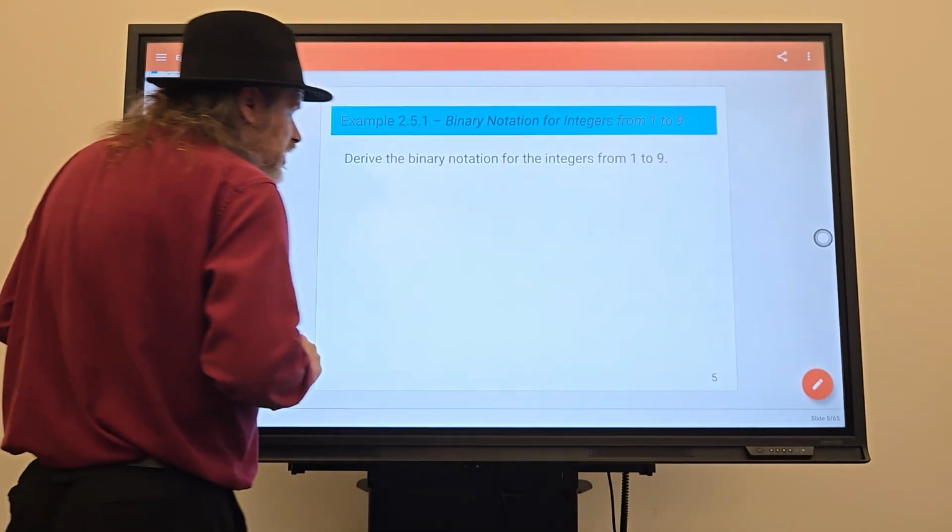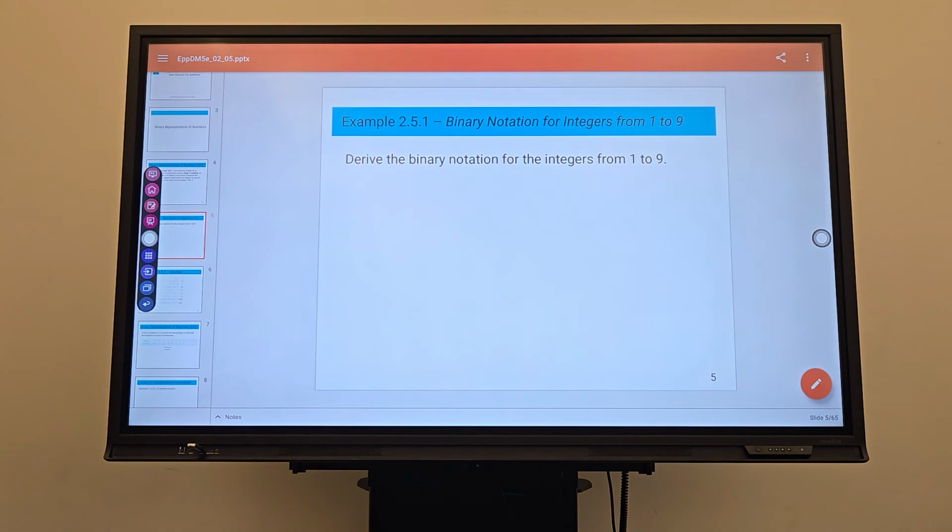So, with binary, you only have 2 digits, 0 and 1. When you count in decimal, you only have 10 digits. So what do you do when you reach the top value digit in a column?